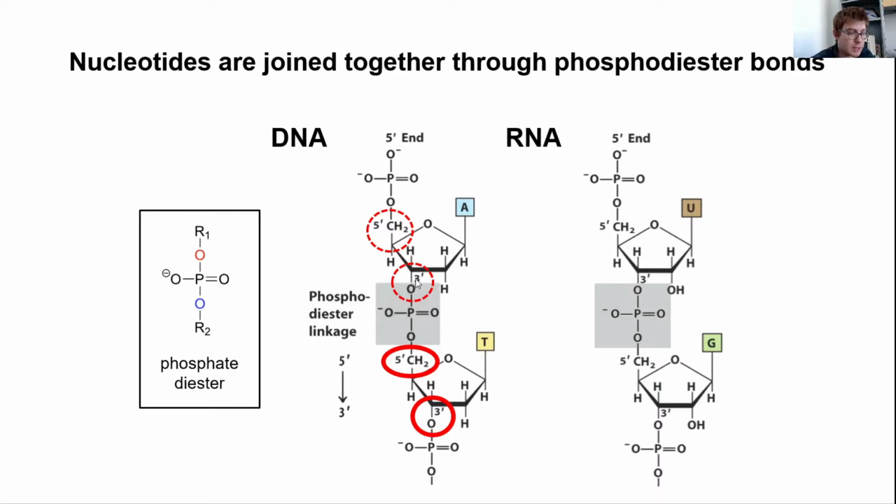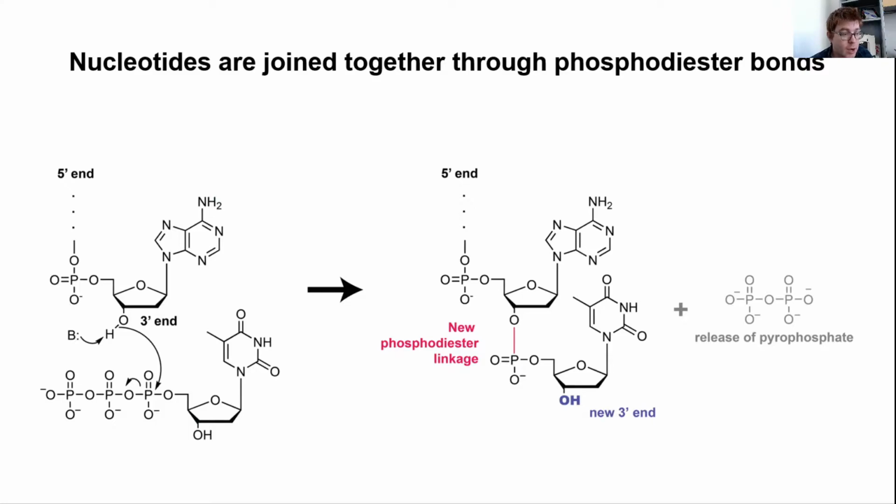That is, the 3' hydroxyl connects to a phosphate, which connects to the 5' hydroxyl, or what was the 5' hydroxyl, of the next nucleotide. And so these 5', 3' phosphodiester linkages are the glue that's holding these nucleic acid polymers together.